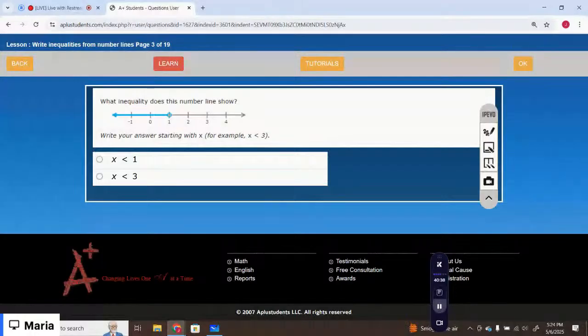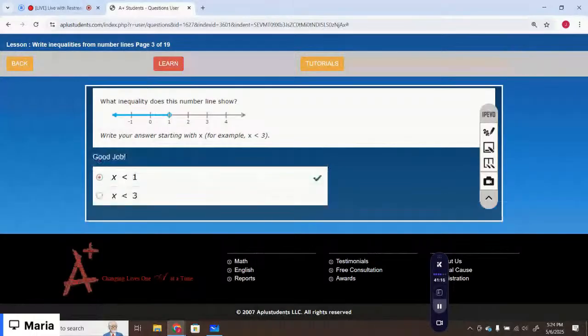What inequality does the number line show? Option number 1 is the correct option.